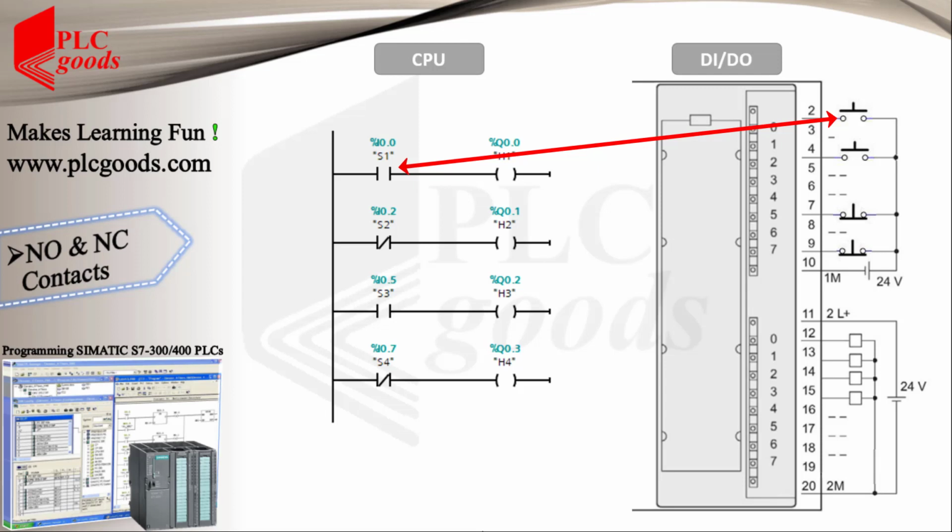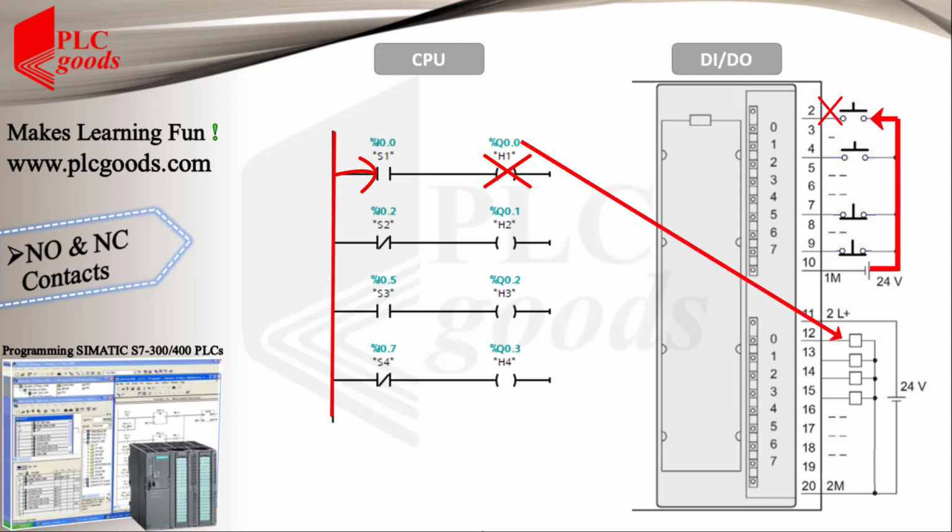Let's review how the CPU executes the first line. In normal conditions, the 24 volts doesn't reach the first digital input terminal. So the CPU doesn't change the state of the first contact at the first line. In consequence, the virtual power can't reach the first digital output.